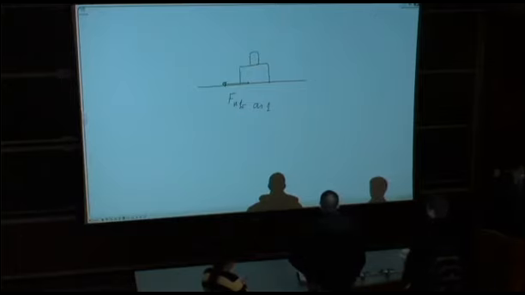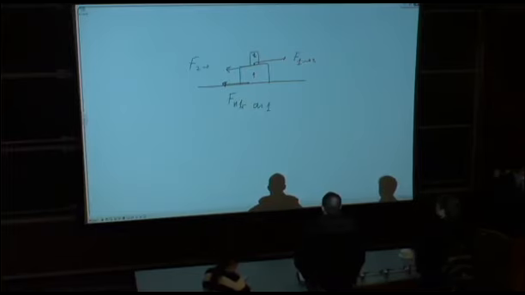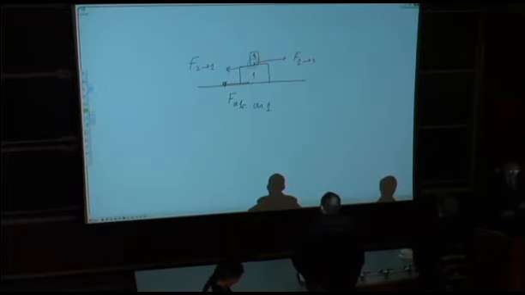Here there is a force acting from 1 on 2. But here there is also a force acting like this from 2 on 1. That's Newton's third law.